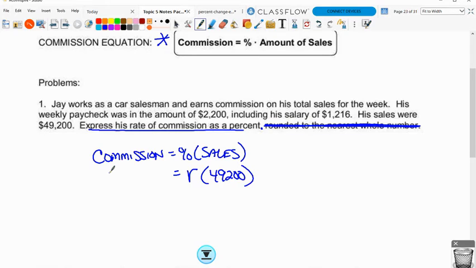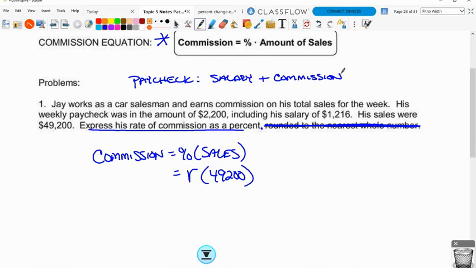And then we need to know how much he made in commission. In order to figure that out, we're going to take a look at his paycheck. It said that his weekly paycheck was $2,200, and that includes his salary of $1,216. To get the paycheck amount, you have to take the salary and add the commission.